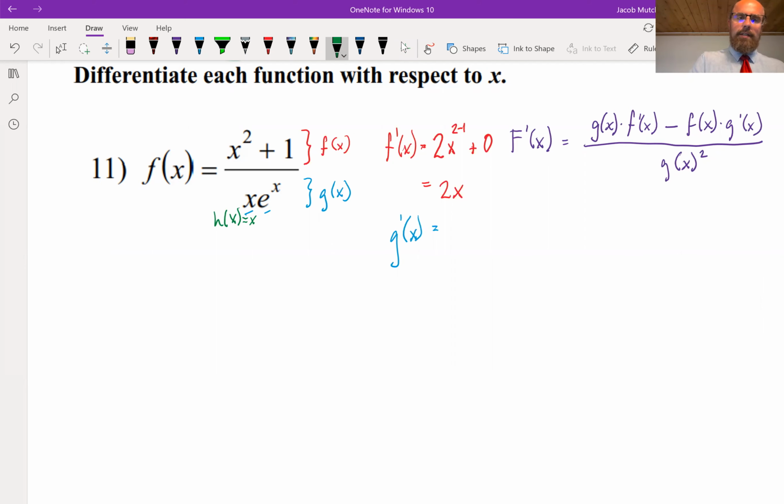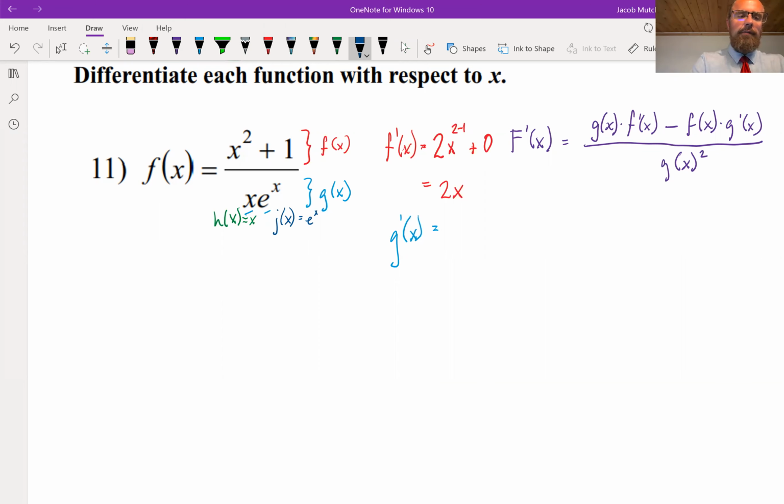So let's identify then the e to the x here. Let me choose another color so we keep stuff distinct. Let's call that j of x. So here's a good time to review the product rule.